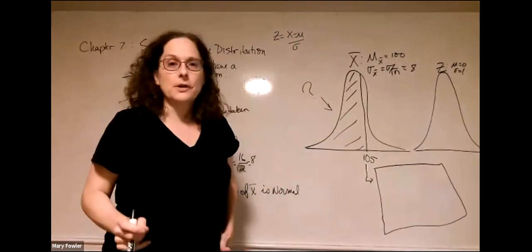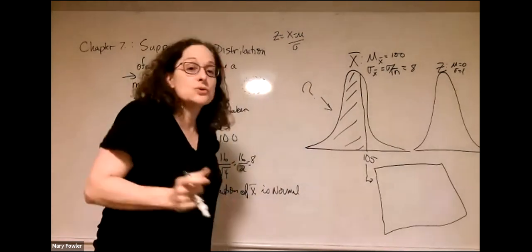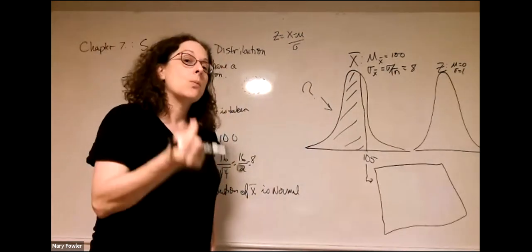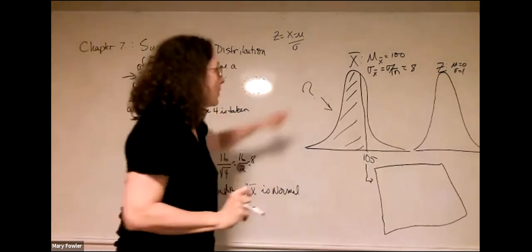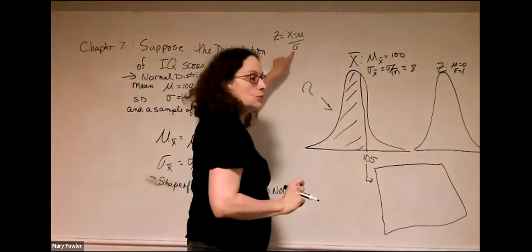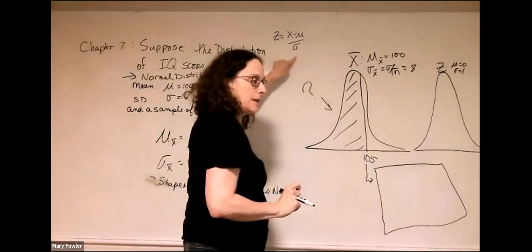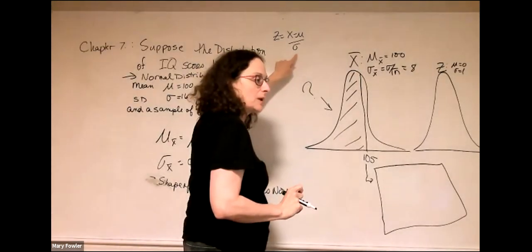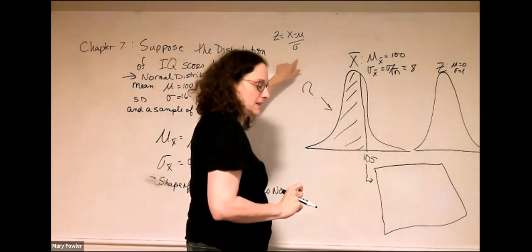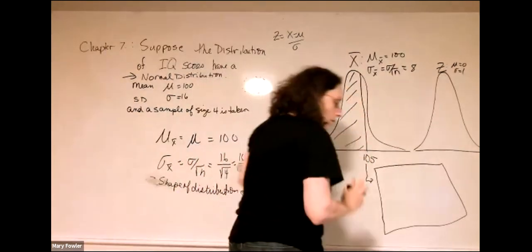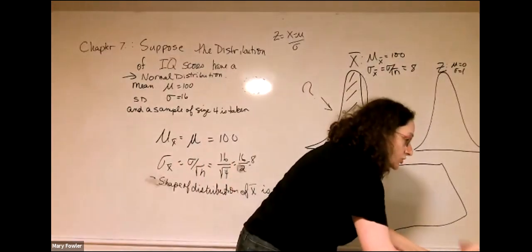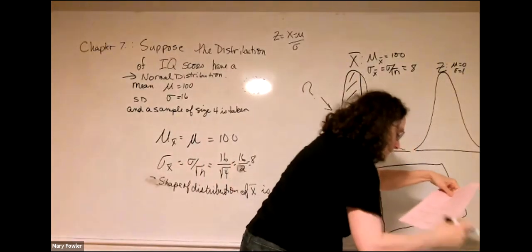The formula continues to be valid, but when you're talking about the sample mean, I want to make sure that when you normalize, when you divide by the standard deviation, you're dividing by the correct standard deviation. So for chapter 7, go and look for a moment on your formula card.